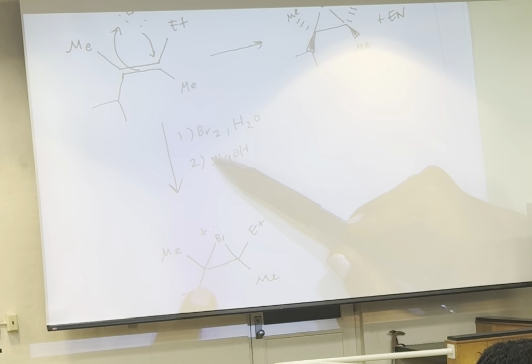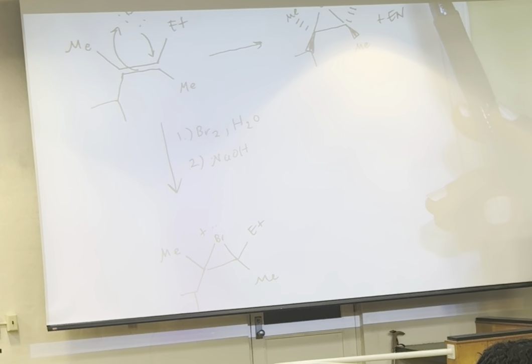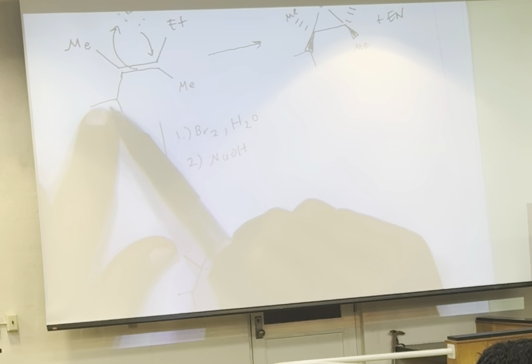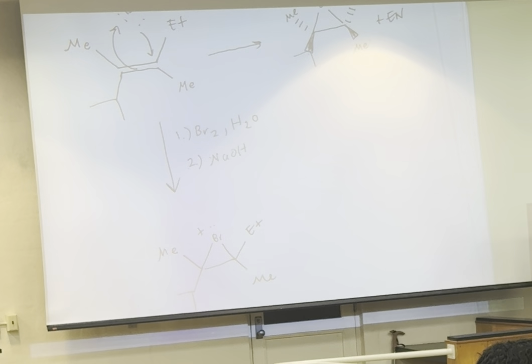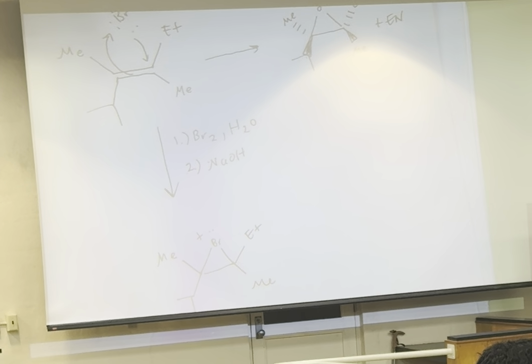And this will also end up conserving the stereochemistry. Okay, so you'll end up with whatever the side chains are on the same side. But let's do an easier one so we can see what's going on.